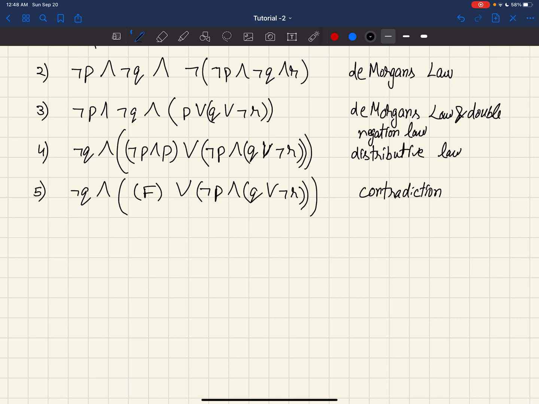A fallacy or any other statement is that other statement, which is the identity law. So here you will have not Q and not P and Q or not R. This is the identity law.